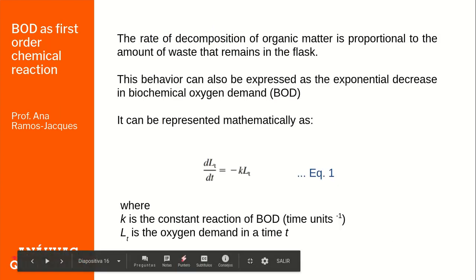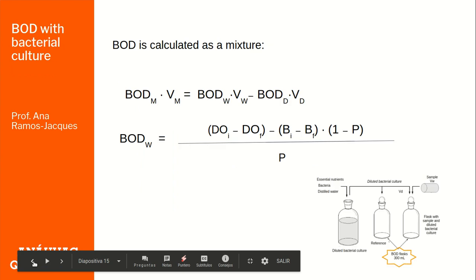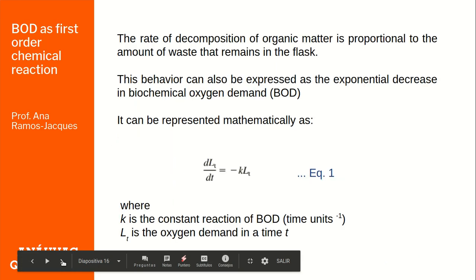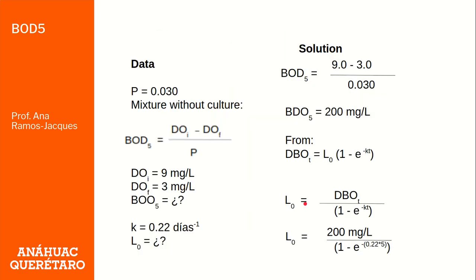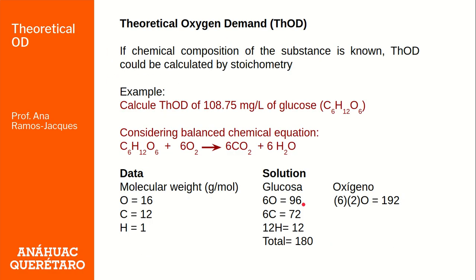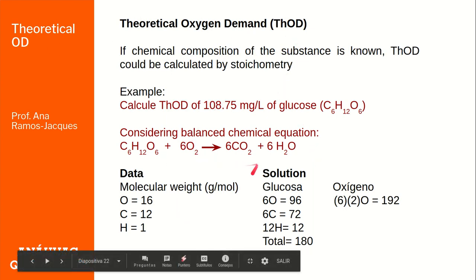Then we calculated, well, in here you have another example of BOD but with a culture of bacteria, and then we calculate a BOD as a chemical reaction of first order, and finally we obtain a way to calculate theoretical oxygen demand by using stoichiometry.